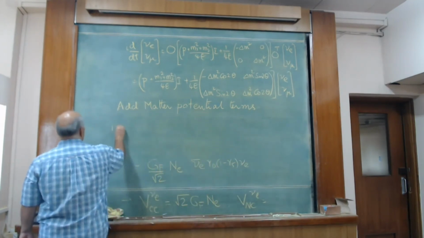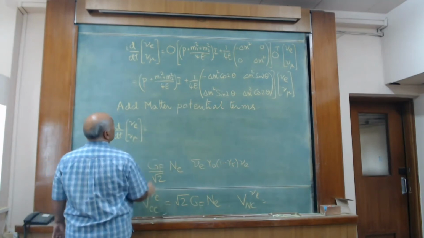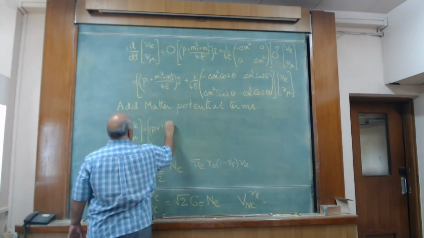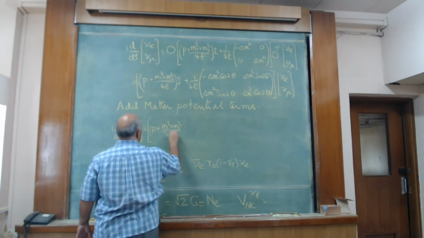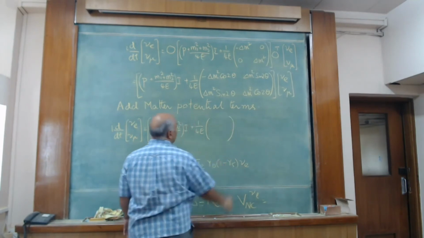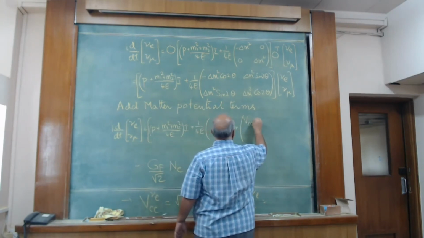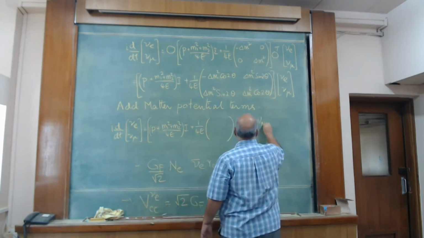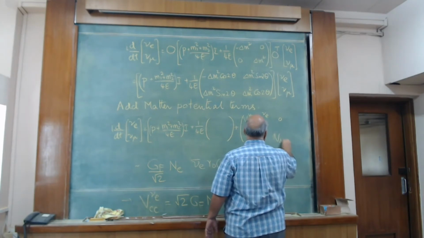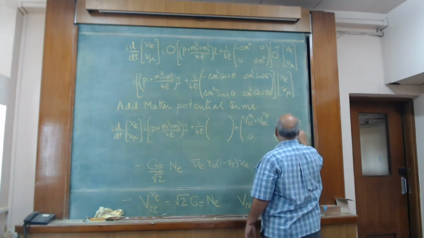So I have i d/dt of nu E, nu mu is equal to plus 1/4E times this matrix plus VCC nu E plus VNC nu E, 0, 0, VNC nu mu, times nu E, nu mu.